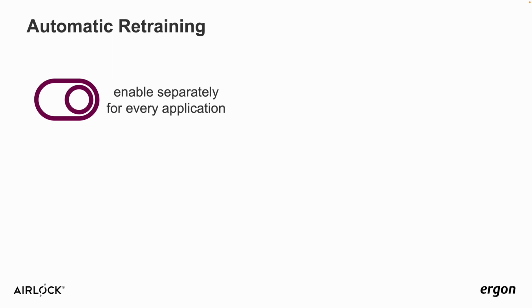And since we've had that question from many customers, we decided that we want to automate that to make your lives easier. So you really have one button. If you click that, then you can automatically retrain the Anomaly Shield for a particular application. So if you have many applications, then you have to click quite a few times. But if there's only one application or a few, then it's very easy to set up.